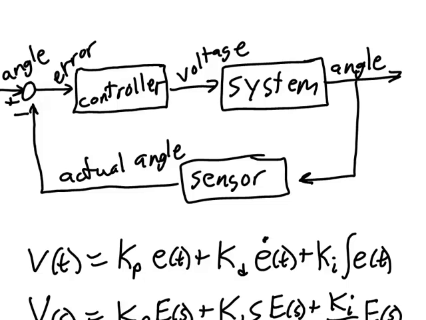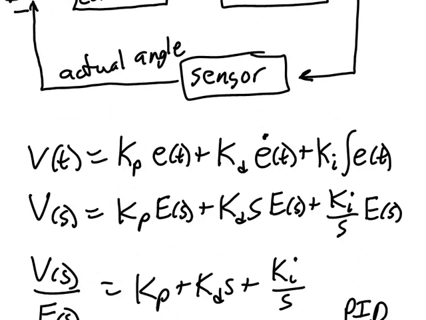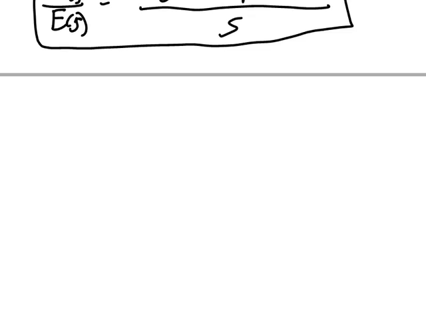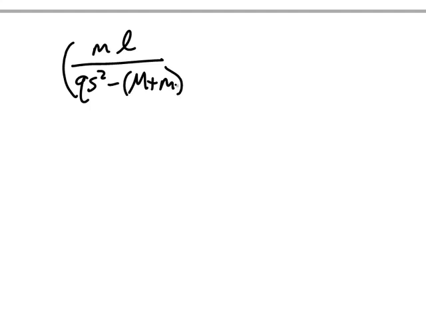Let's use our block diagram reduction technique to find the transfer function of this whole system. In the numerator, we'll have the plant times the controller. There's the plant, and then here's our controller.